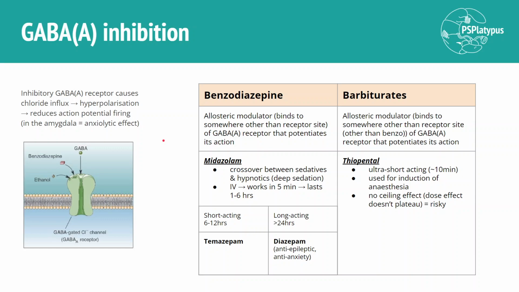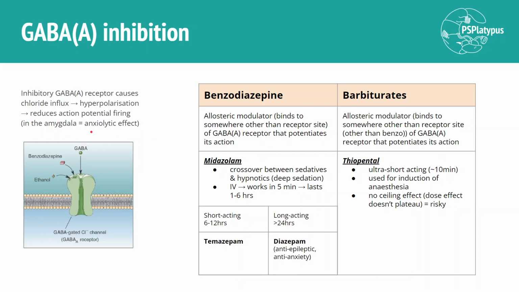The mode of action of some of these sedatives involves GABA, which is a receptor on the surface of cells. The GABA A receptor essentially causes chloride influx, hyperpolarizing the membrane, which reduces the possibility of an action potential firing.